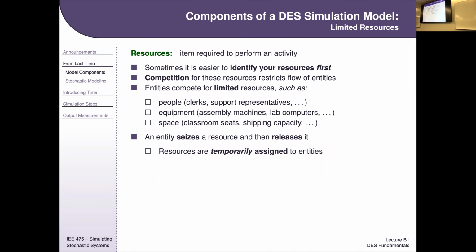We can say that this resource can handle entities of type A, B, and C. This resource can handle entities of type C, D, and E, and they both overlap in C. So you can implement cross-training situations, and then we can allocate entities to resource sets. Instead of saying, go seize a resource, you can say, go seize a resource from set C, and it will seize whatever resource is available, either the ABC or the CDE resource.